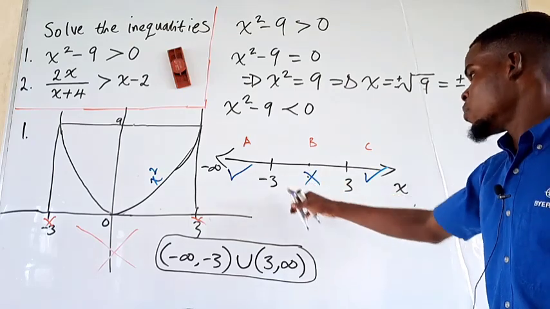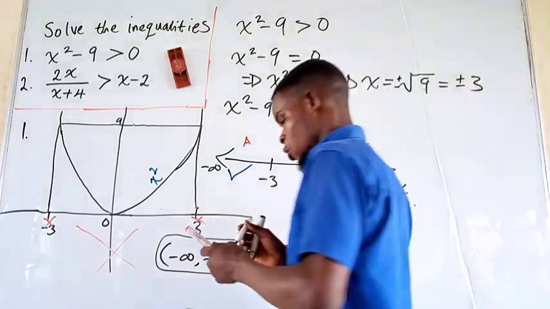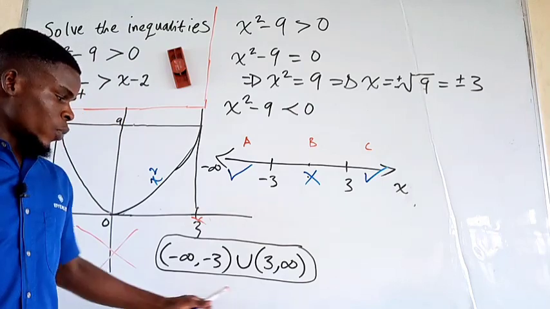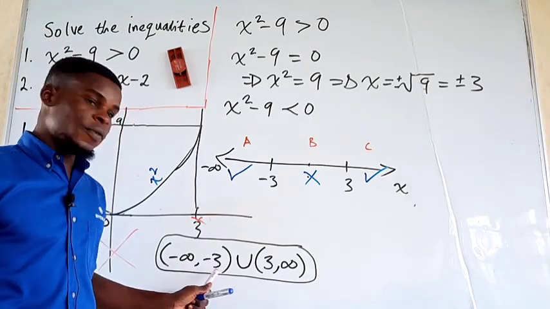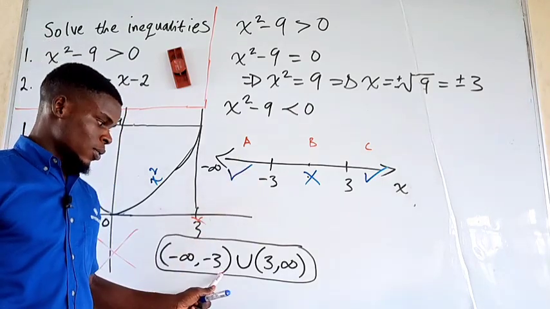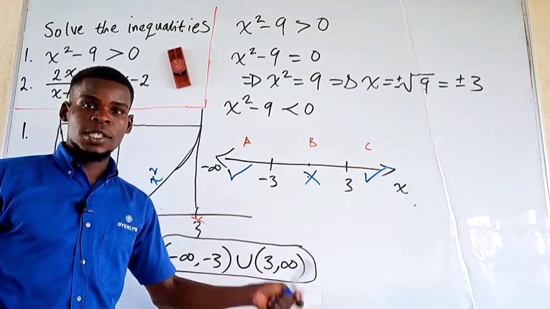So it's only this middle interval that does not satisfy what you want. So we can put down the result this way: from negative infinity to negative 3, excluded, union from 3 to positive infinity.